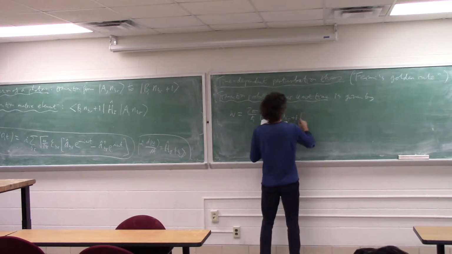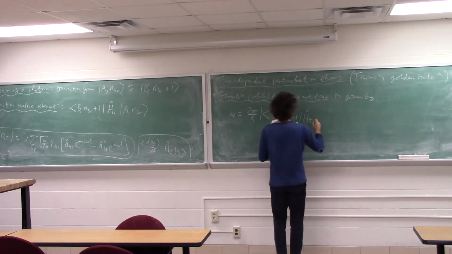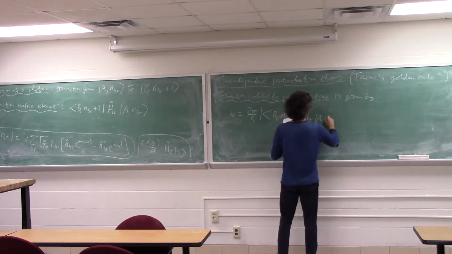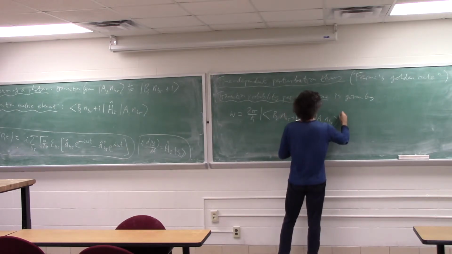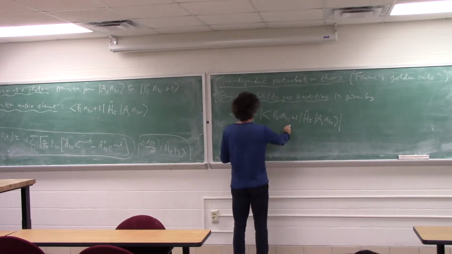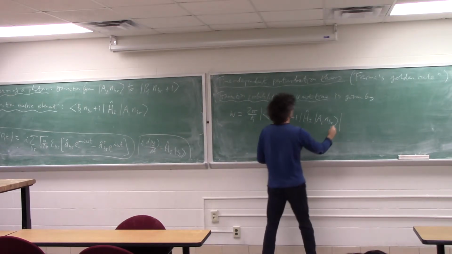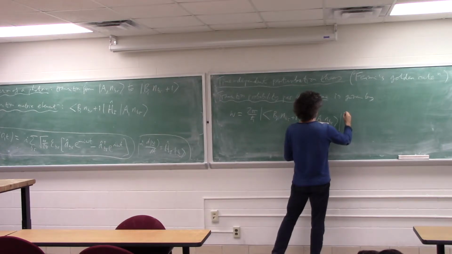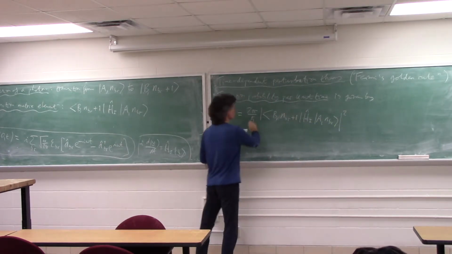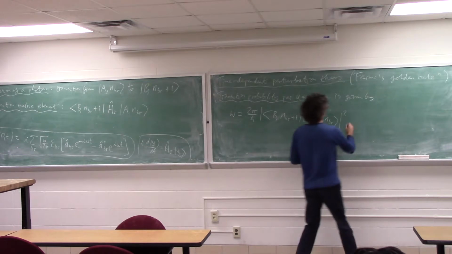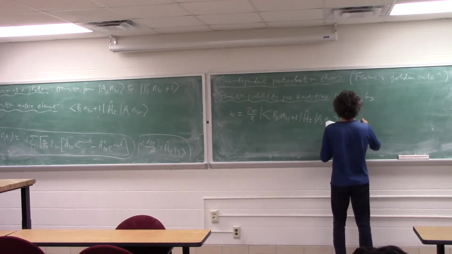So you look at the transition matrix element between the initial and the final state, and you take the modulus squared, and there's a 2 pi over h bar, and an energy conserving delta function.